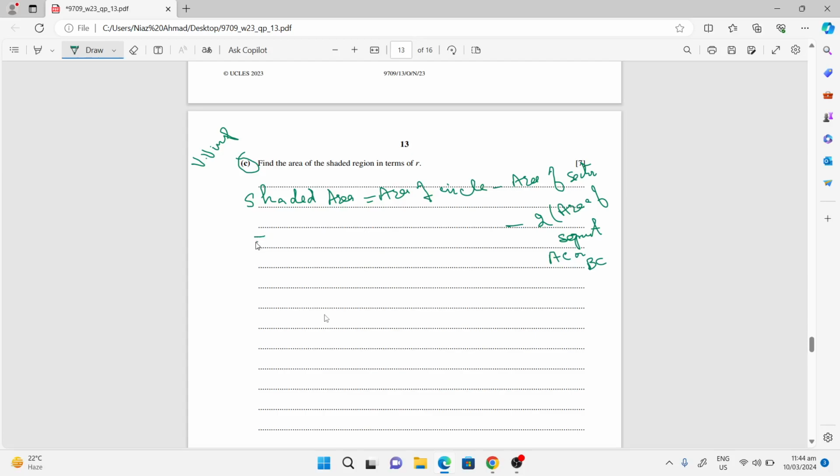Now the area of the circle will be equal to pi r square. So write pi r square minus the area of the sector. The formula for the area of a sector is 1 over 2 r square theta. Minus, now minus 2 times. Now execute your work plan for the examiner.